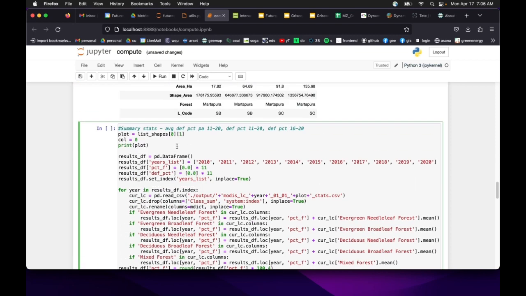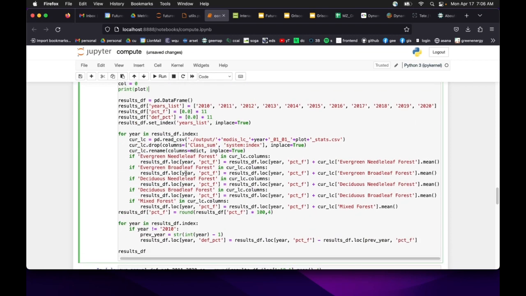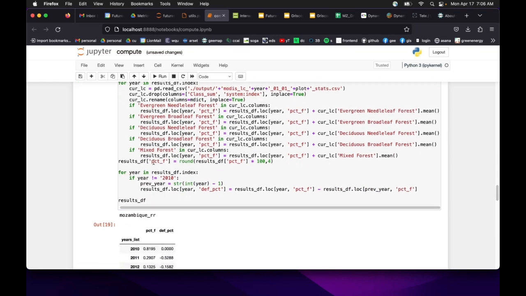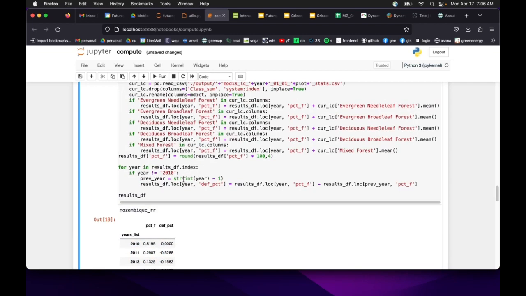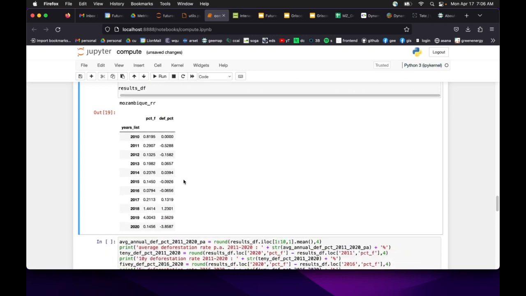Okay, let's try this for the first one. Let's try this for Mozambique, right? For Mozambique, we now generated this percentage deforestation, percentage forests, and deforestation percentage data frame. That looks appropriate.